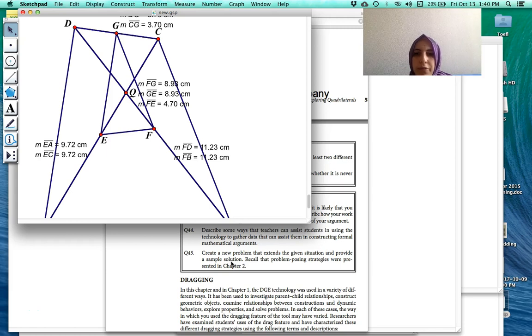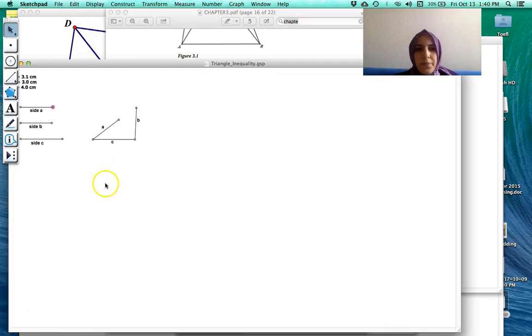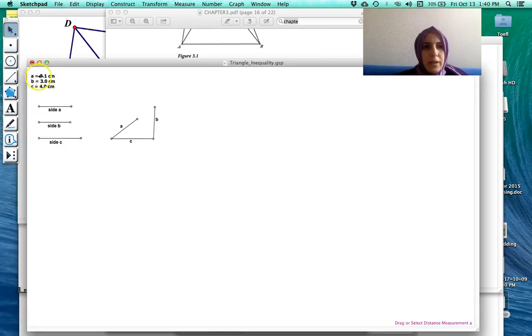Question 45. Create a new problem that extends the given situation and provide a sample solution. Recall that problem posing strategies were presented in chapter 2. Yes, as we found a solution before, side A, side B, and side C can be a triangle or not.